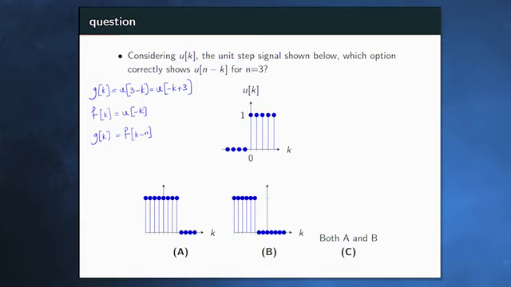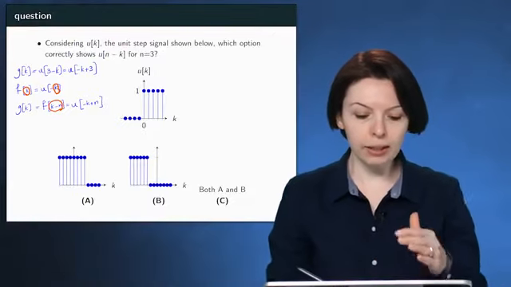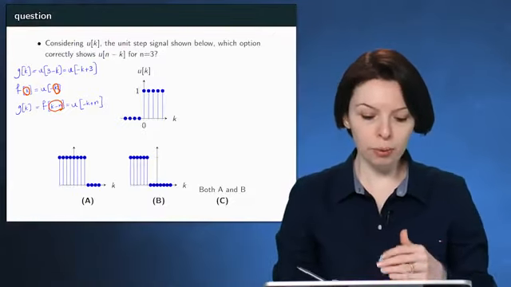So if you replace k minus n in here, you're going to get u of minus k plus n, which is what you were looking for, n equals 3. All right, so let's take a look at this process and perform the process.